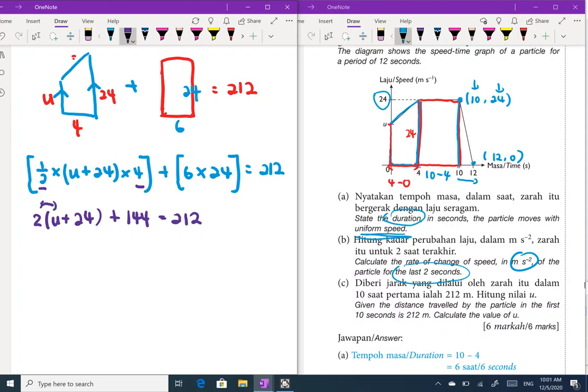So multiply in: 2u plus 48 plus 144 equal to 212. So 2u is equal to 212 minus 192, since 144 plus 48 is equal to 192. So u is equal to 10.